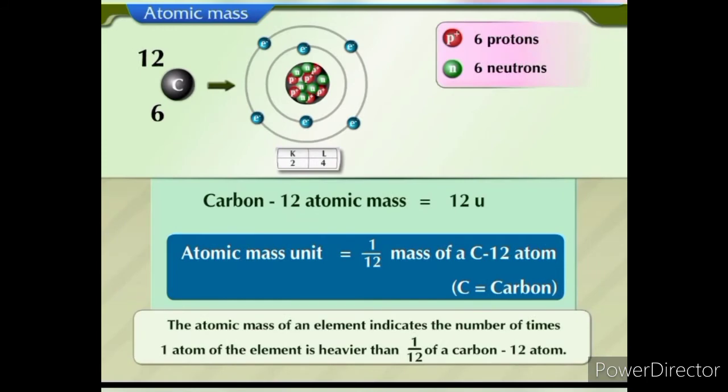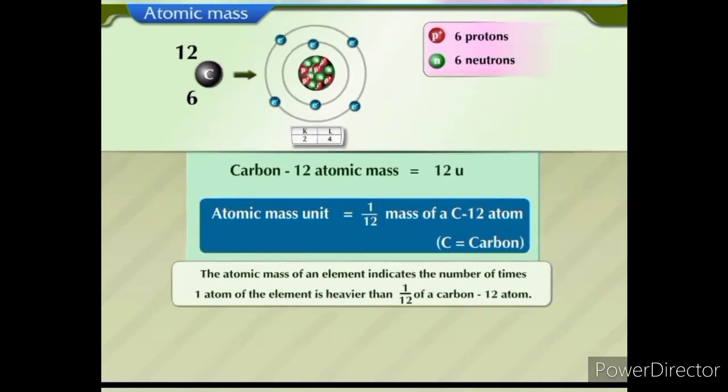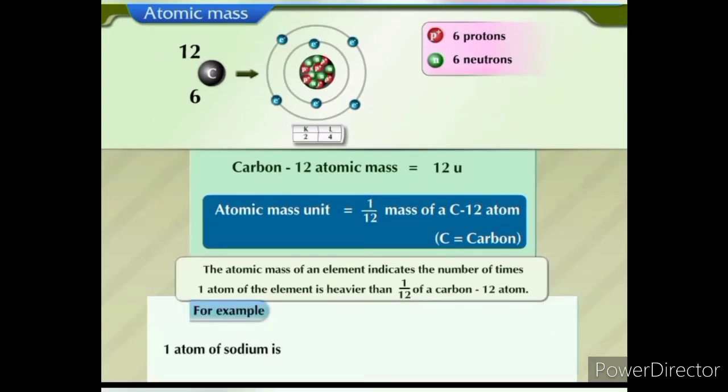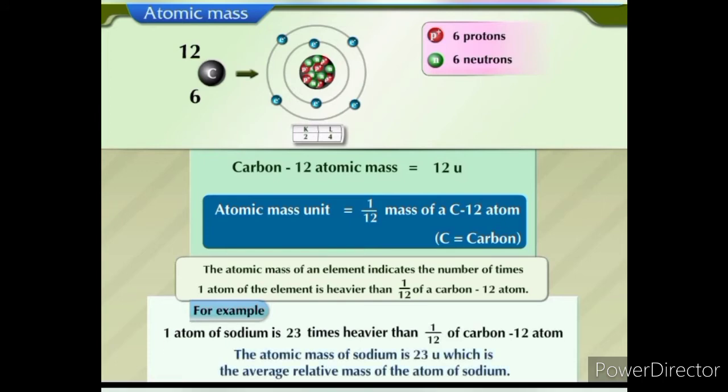The atomic mass of an element indicates the number of times one atom of the element is heavier than 1/12 of a carbon-12 atom. For example, 1 atom of sodium is 23 times heavier than 1/12 of a carbon-12 atom. Thus, the atomic mass of sodium is 23 units, which is the average relative mass of the atom of sodium.